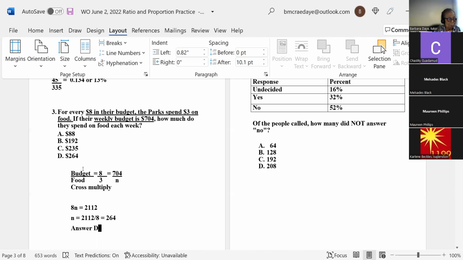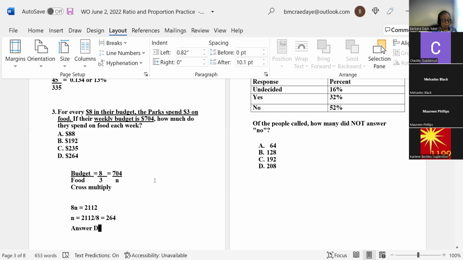But always put your tags of what each item is, like budget over food. Now put the ratio. $8 budget, $3 food. 704 budget, unknown in the food, that amount spent. I'm getting the word problems little by little. I said maybe I didn't know how to set it up. That's why I got it wrong. But I was really close.